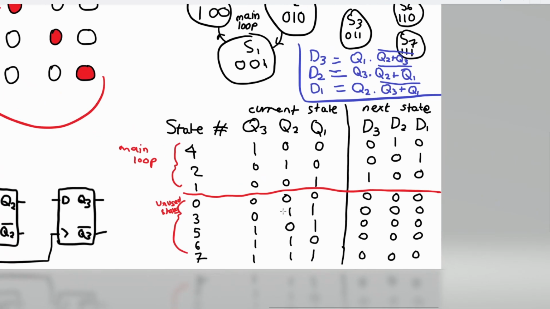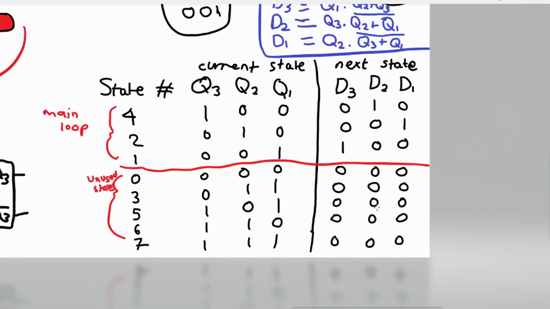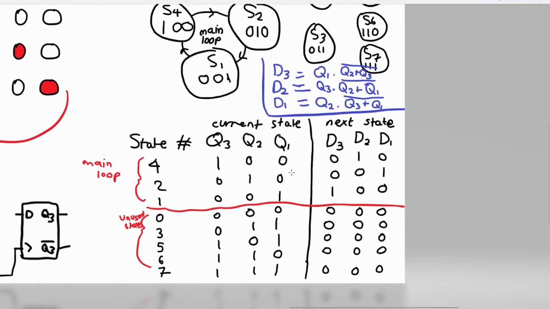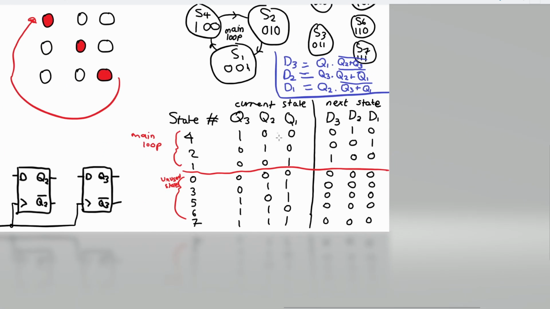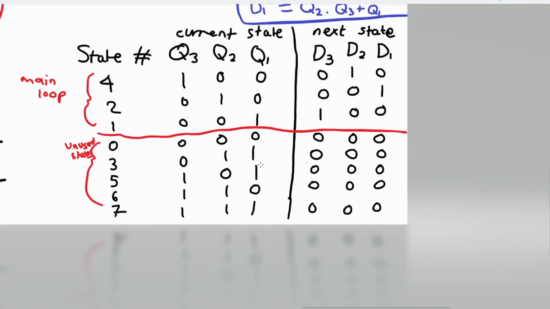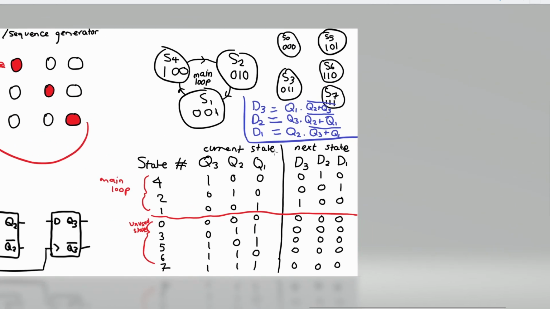These are all going to be 0, 0, 0 because this logic only works for these certain states. So we can see that all of these 3, 5, 6 and 7 will lead into 0.